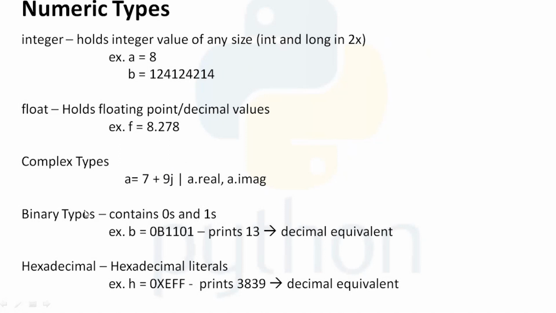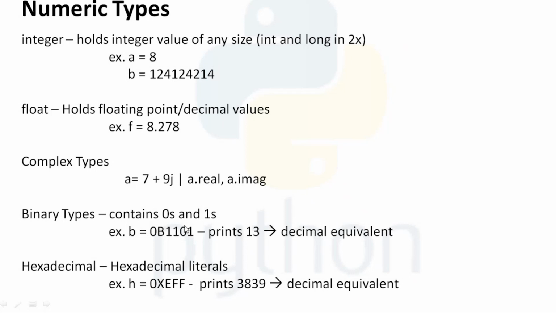So next is binary types. A binary type will contain only zeros and ones. We might have come across these binary types as well, like logic gates if you are from an electronics background, and even in a computer background, we'll be performing these binary operations, right? AND, OR operations.